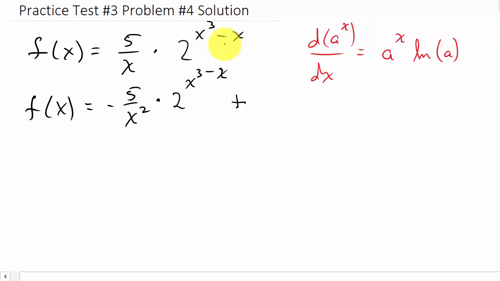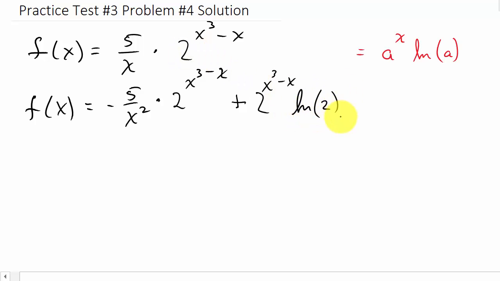Okay, so now let's do the derivative of the second function. So the derivative of the second function, that's going to be 2 to the x cubed minus x times the natural log of the base, which is 2, times the derivative of the exponent.